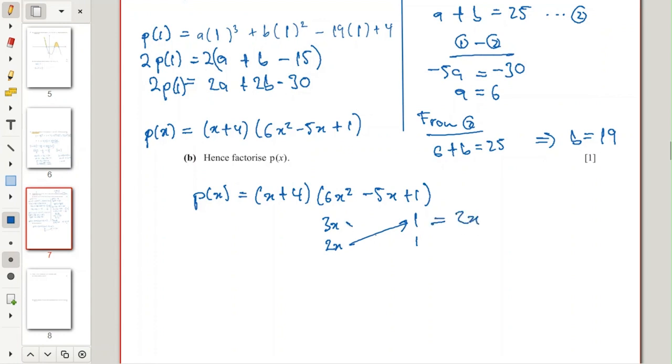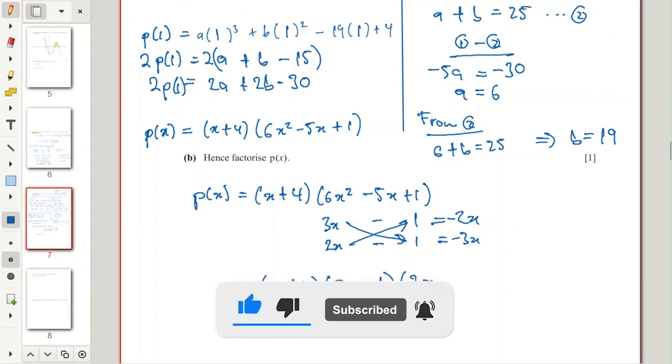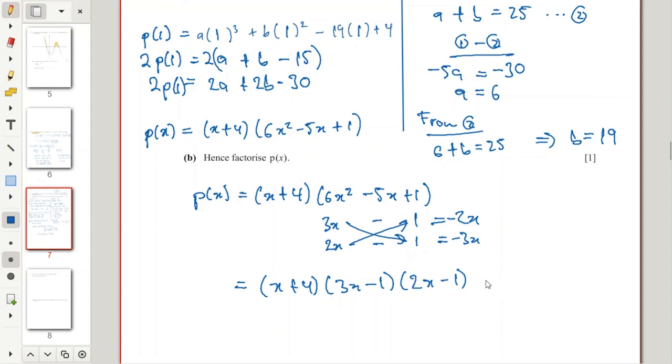I'll get 2x. Let's cross this. I'll get 3x. Minus minus. This will be the same as negative 5x if you sum them. So I bring the same thing here. So my factors are this.